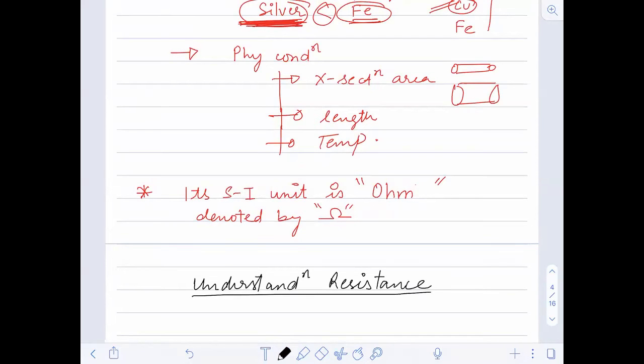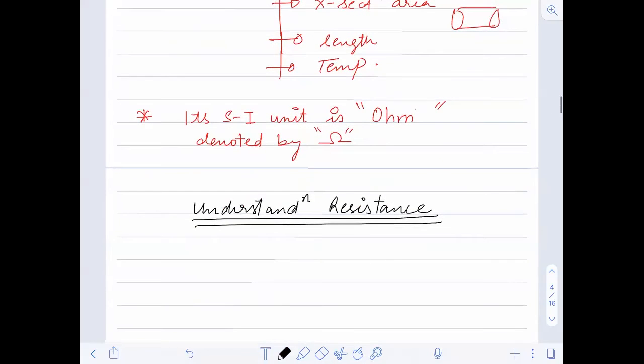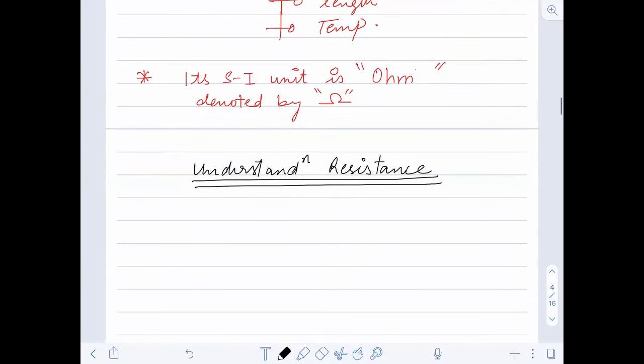Now let us assume you are having a bike, scooty, whatever you want. You're riding it and moving on a road in this direction.